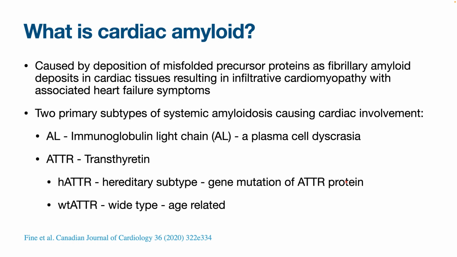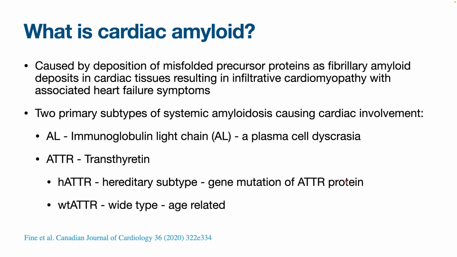It's actually a plasma cell dyscrasia, meaning that the bone marrow creates plasma cells, and then it generates a lot of these fibrillary amyloid deposits. The second type is more from the liver, which is the ATTR, which is a type of transthyretin. There are two main types with the ATTR, and the new drugs are primarily targeting that.